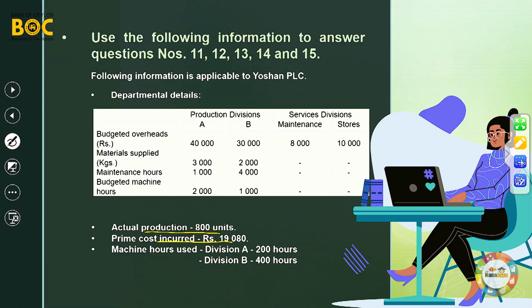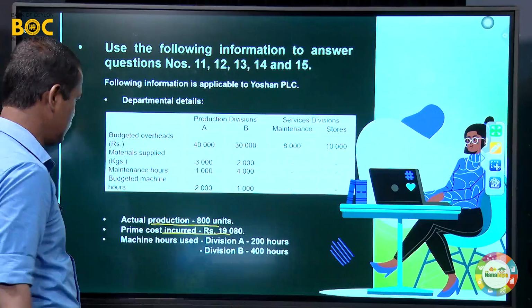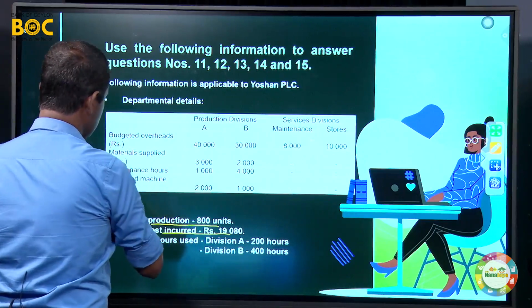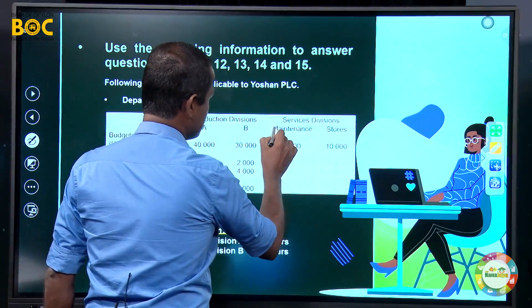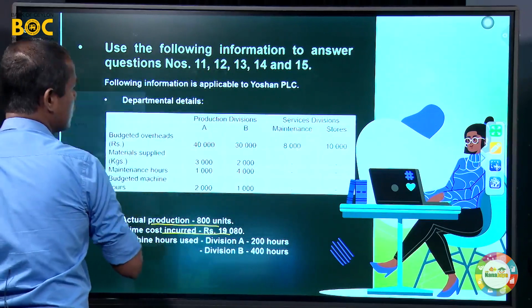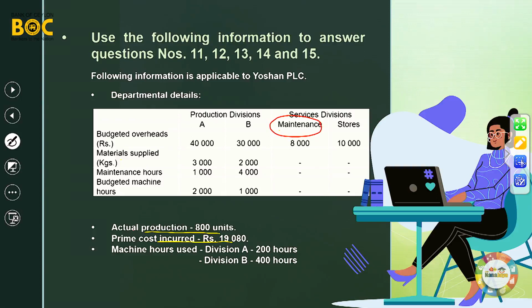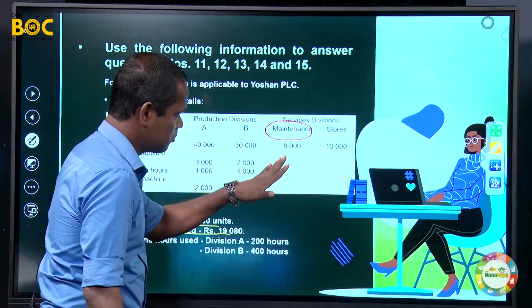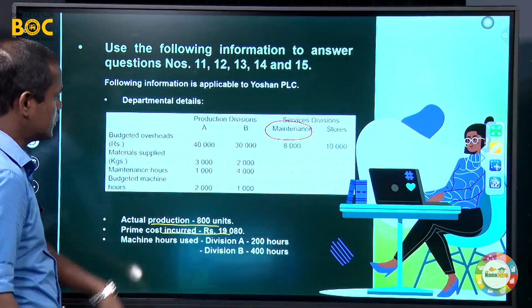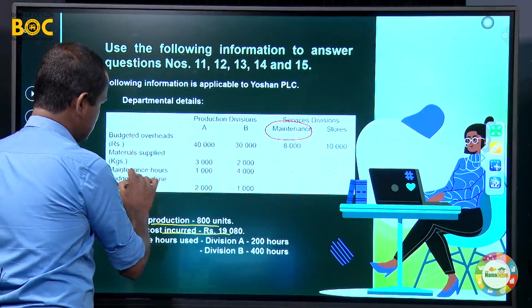The reapportionment basis is silent. Then you have to identify the function of this department. This is a maintenance department. They do maintenance activities for the production divisions. Being a maintenance center, it provides services to the production departments, so you can use maintenance hours as the basis.